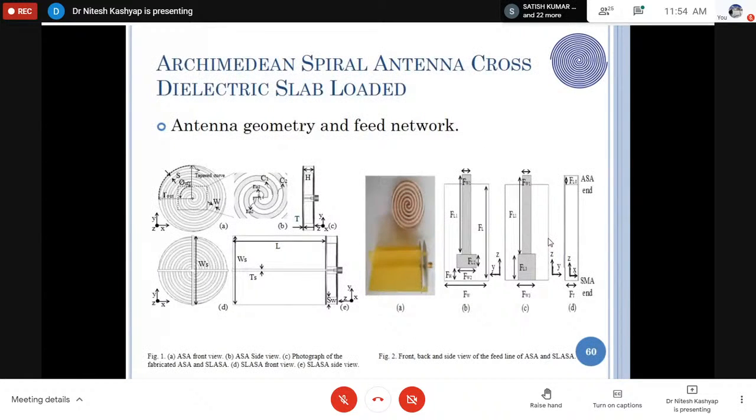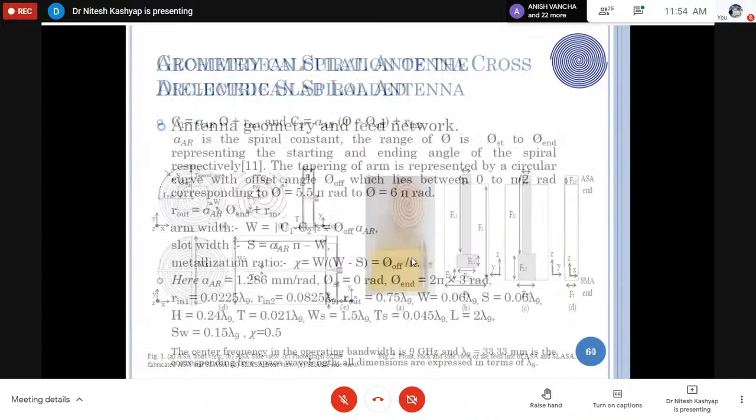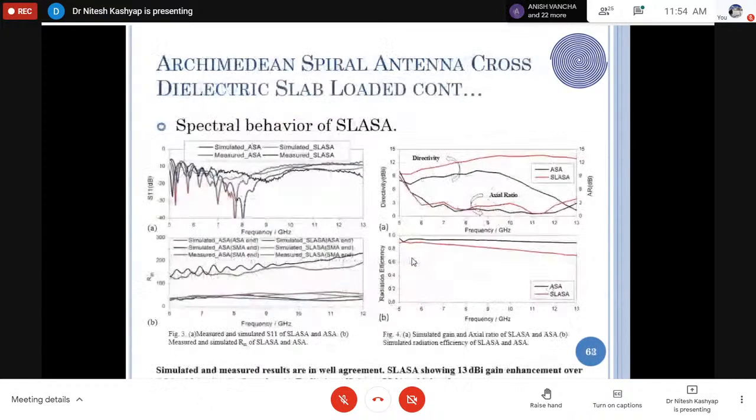Initially I put a plate on the spiral antenna, but in this structure I have put a cross slab over the spiral antenna. Then it improves the directivity of the antenna dramatically.